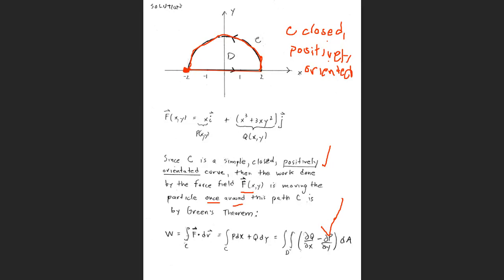Now you might notice for this double integral that I just mentioned, it's a double integral over some region D, and we have to decide what dA is going to be. Of course, dA could be dy dx, dx dy, and what's the third choice?